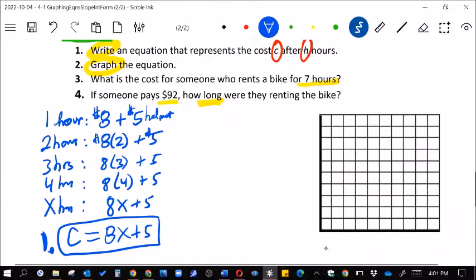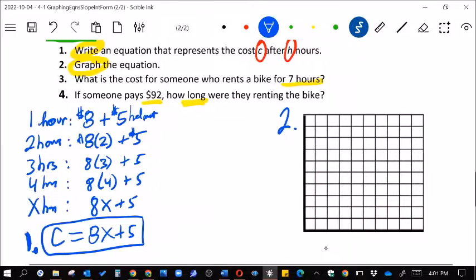And then 2 is to graph it. So what do I do here? Well, we're going to go up to $92, and it's going to be quite a few dollars. And time is always the x-axis when you're graphing things, so hours is time.